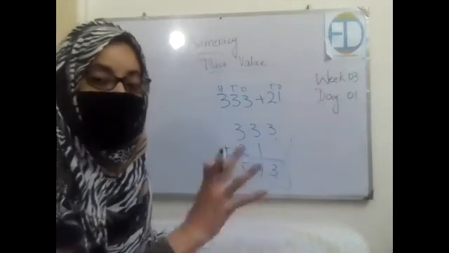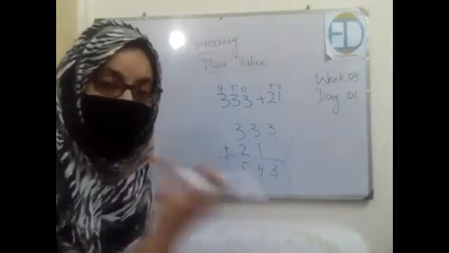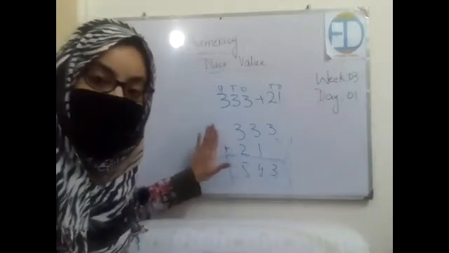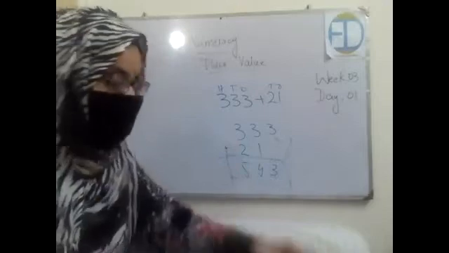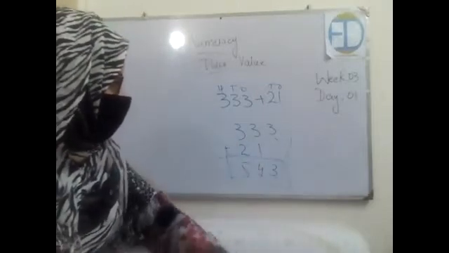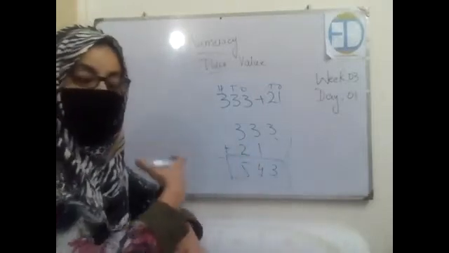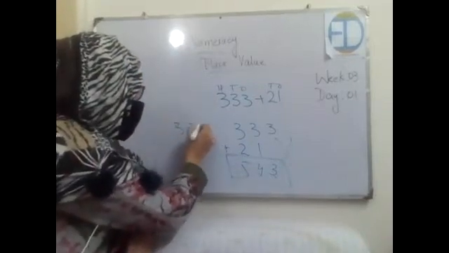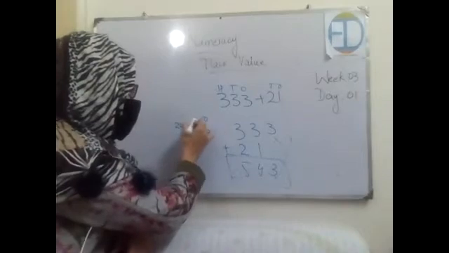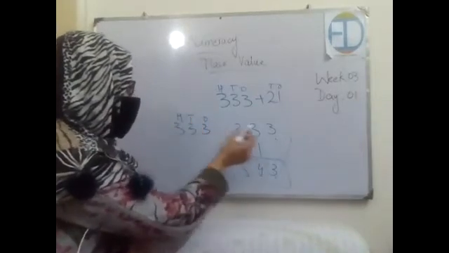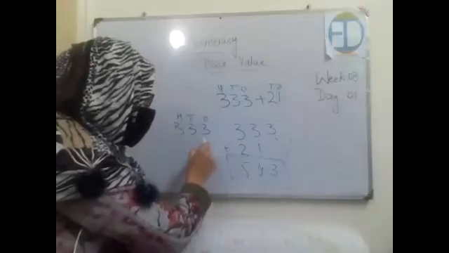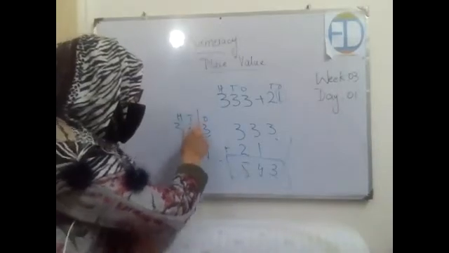Why? Because we have not followed the place values, the preset rules which are created by mathematics. Now, if I follow that rule and use the place values to solve this sum, it would be 333. This is ones, tens, hundreds. The 1 is a ones number, so I place it below the ones in the ones row.